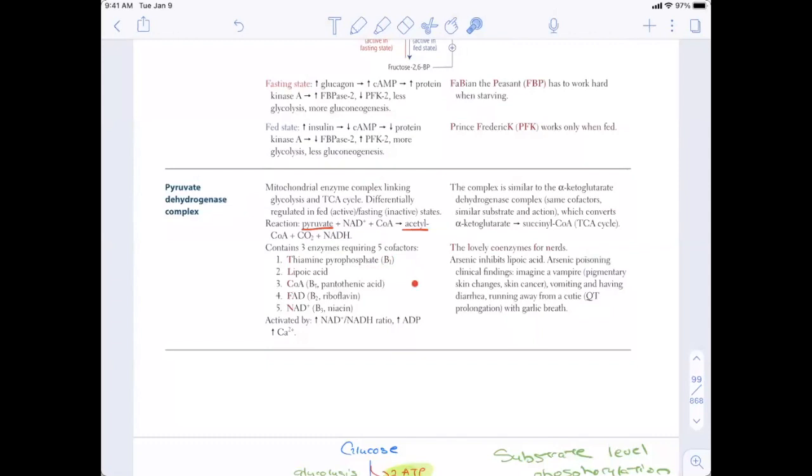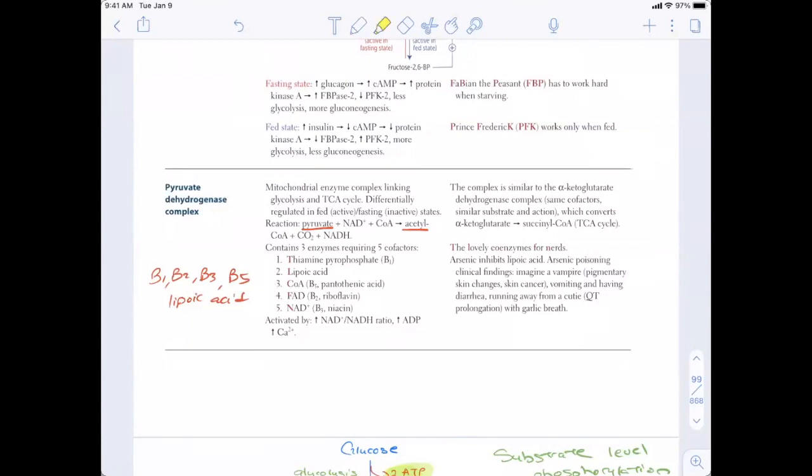They have it all scattered here, but the easy way to remember it in sequence is that this takes B1, B2, B3, B5, and lipoic acid as the cofactors. One of the questions that comes out of this is to remember that there is another complex that has the exact same cofactors, and that is your alpha ketoglutarate dehydrogenase complex.